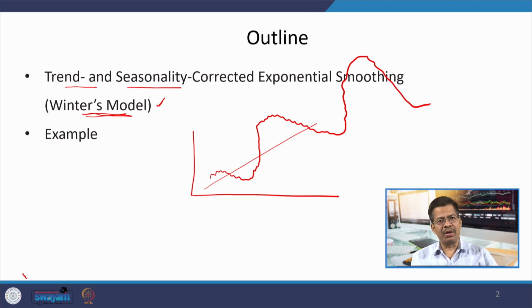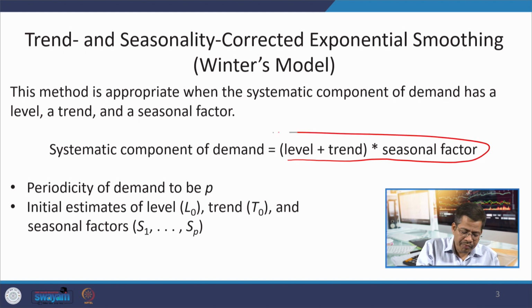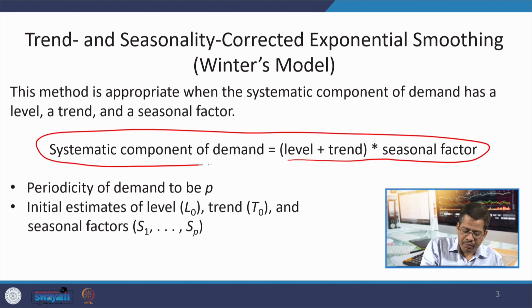Now, if you have trend and seasonality, our answer will come with this equation. The systematic component of demand, which is going to be our forecast, is level plus trend times the seasonal factor, and the seasonal factor I am assuming in this equation is a multiplicative factor.